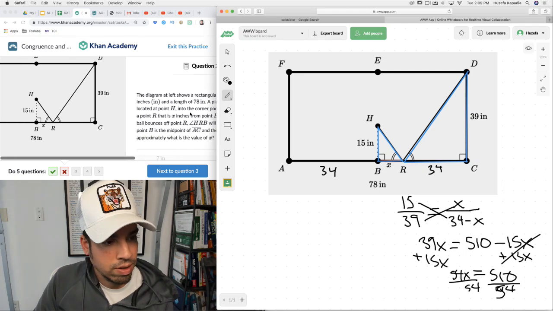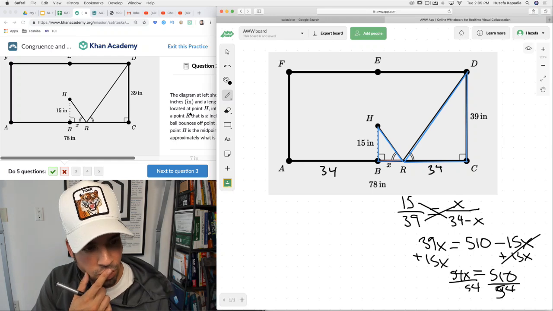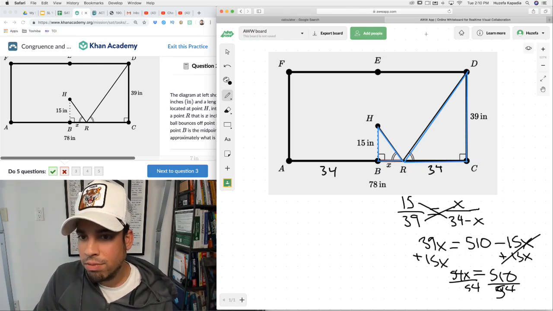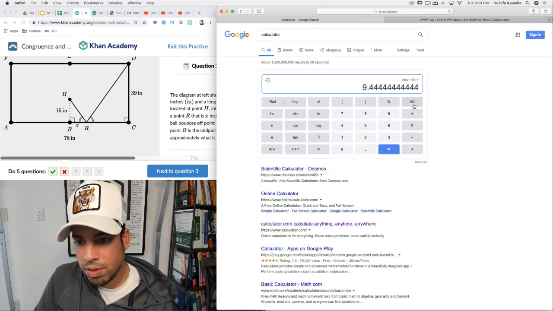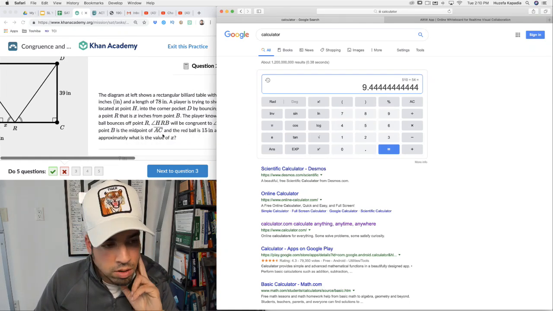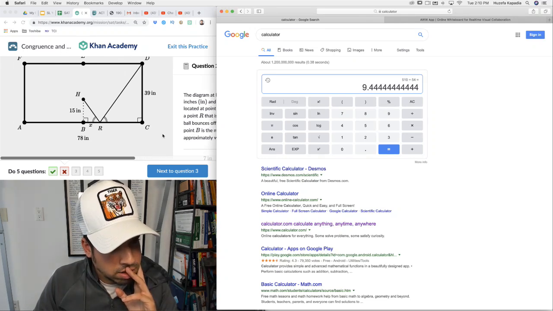What is the value of x? How did I not set that up right? Hold on, let me think. Corresponding. I'm going to figure this out first. 510 divided by 54 is 9.4. Huh. How did I set that up wrong?